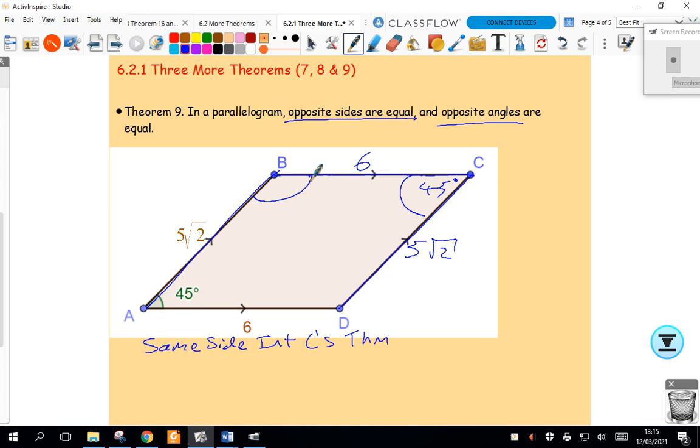That means add to 180. That means that has to be 135. Consecutive angles in a parallelogram are supplementary. That's 135. And opposite angles in a parallelogram are equal. That has to be 135. Pretty straightforward. Theorems 7, 8 and 9, probably the most obvious of all of the theorems in our course.